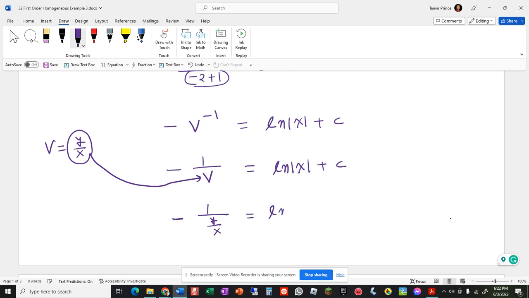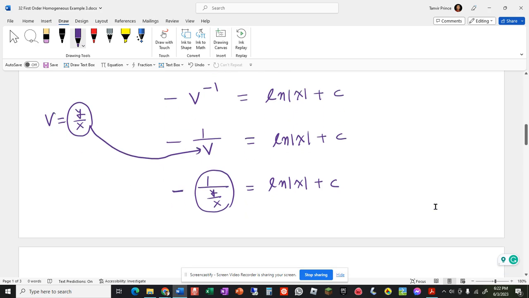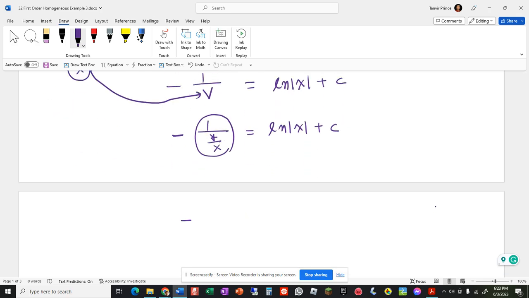So I get this. And of course, 1 over y over x, you can just flip around, so you get x over y. So negative 1 over y over x is just x over y.